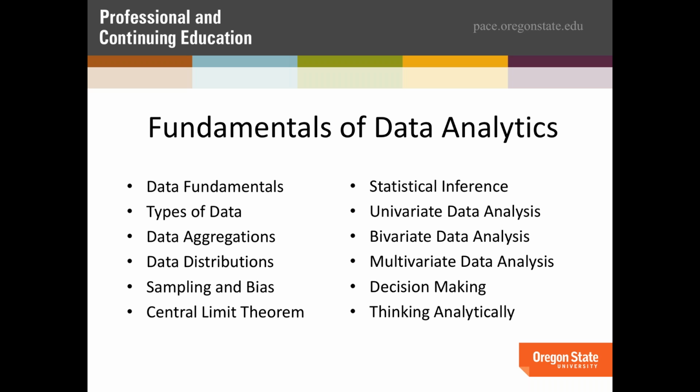So the first one we'll look at is sampling and bias. If you're trying to look at a customer demographic, which could go across any industry, sales or marketing or whatever, you're always trying to understand customer demographics. It's not practical to look at, let's say you have 1 million customers. You can't look at 1 million customers.